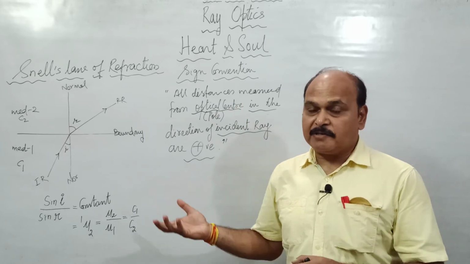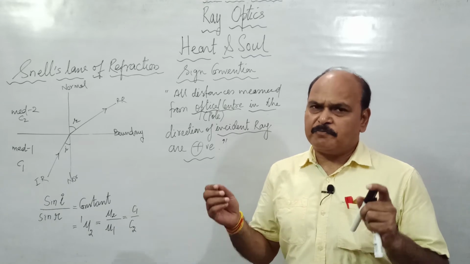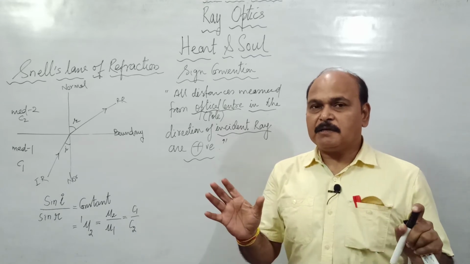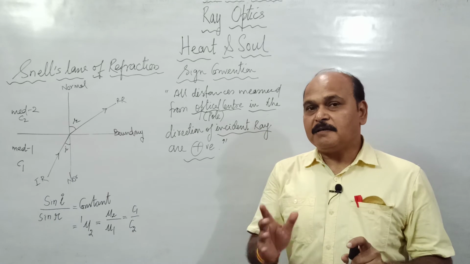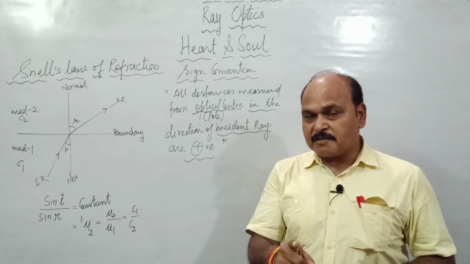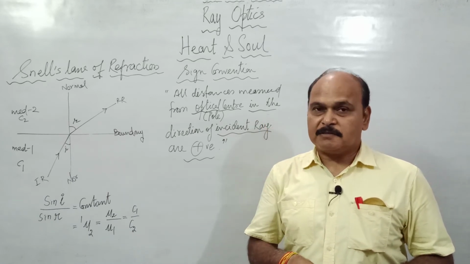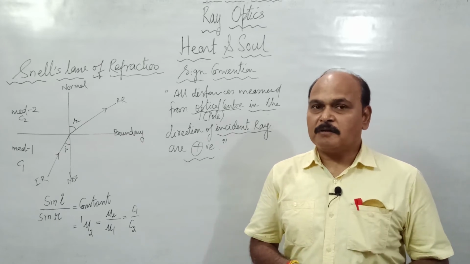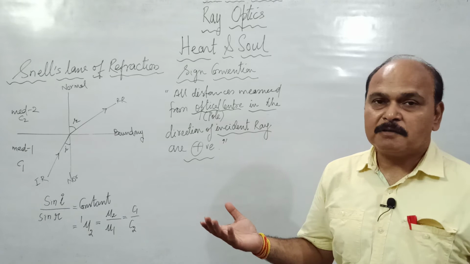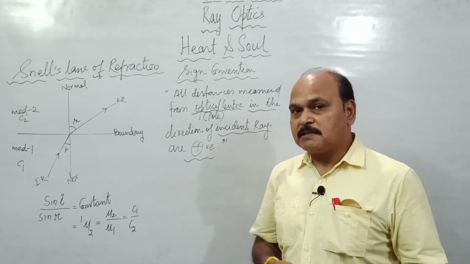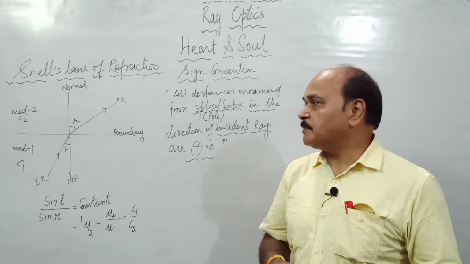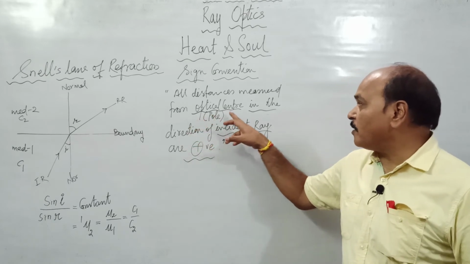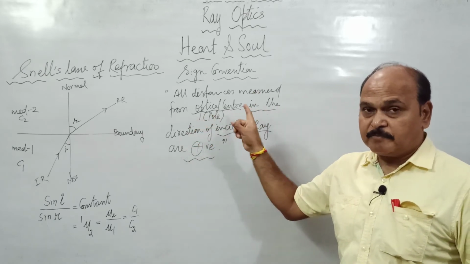There is a technical definition of optical center also, but just remember a simple thing. We also call it the pole, like the center of the mirror, center of a thin lens. So just remember, all distances are measured from optical center. This is the first thing.